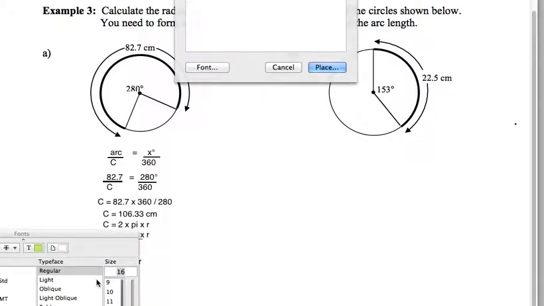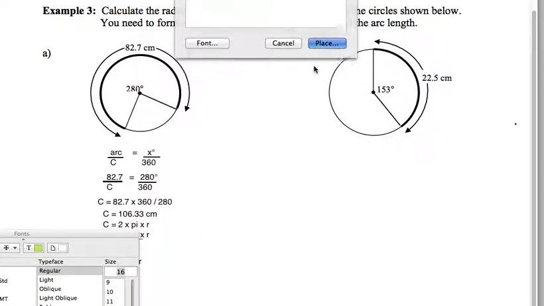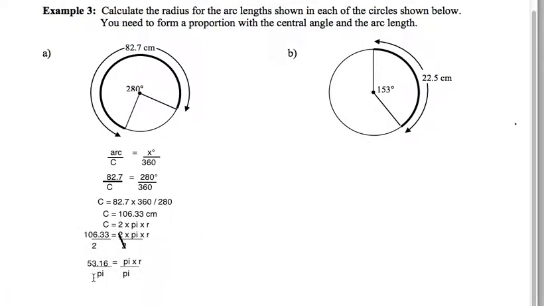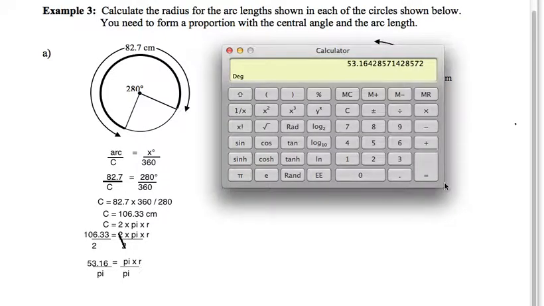That way I'll have just r alone. Now if I go to my calculator, I divide that by pi. I'm using the pi button here, I'm not using 3.14. Then that'll give me my answer, 16.92.